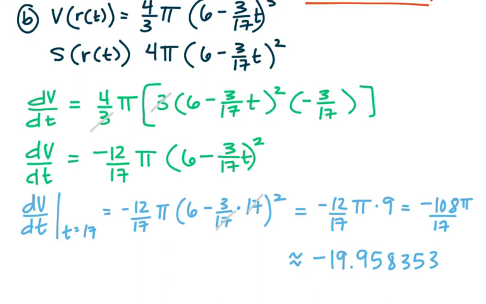Whenever we take a decimal that's not truncated out of our calculator, that means those digits likely keep going, and we are now approximating when we cut off and round. So what does this mean? Remember, this means volume with respect to time.